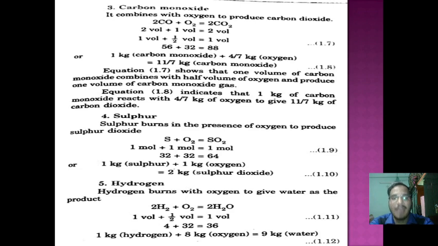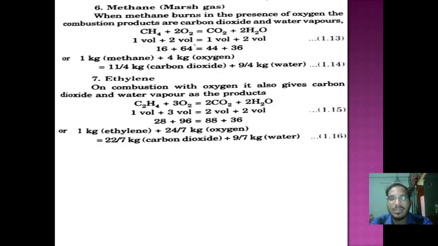Okay, we may also use sulfur, hydrogen, methane, or ethylene, the last one being ethylene. These are the chemicals we use in the air fuel mixture in that cylinder. After the suction process, the combustion will take place.